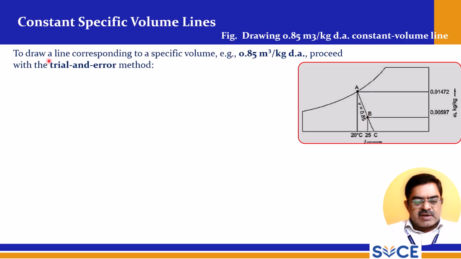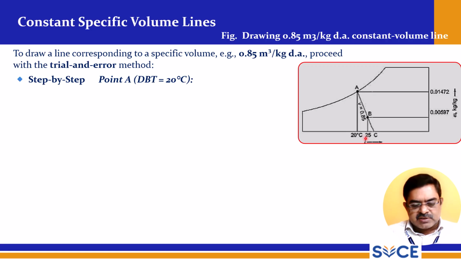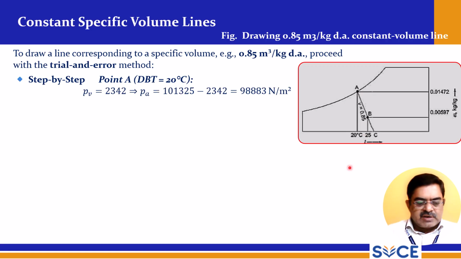So to draw the line corresponding to specific volume 0.85 meter cube per kg of dry air, proceed with the trial and error method first. Step by step, point A has dry bulb temperature 20 degrees Celsius. So this is the point A, and PV equal to 2342. So PA we can find out here: 98883 Newton per meter square.